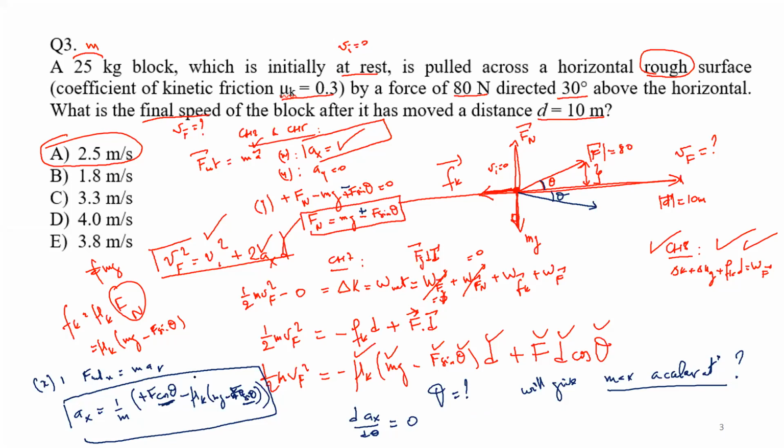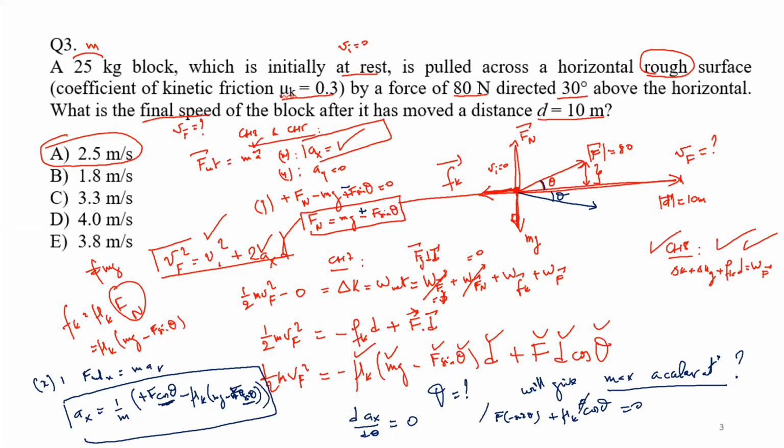Derivative of cosine is minus sine, and I will have minus mu k, with mg a constant, and then minus minus is plus. The derivative of sine is cosine, and this should be 0.